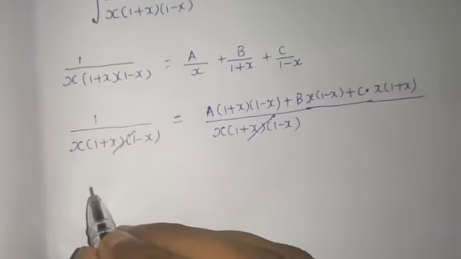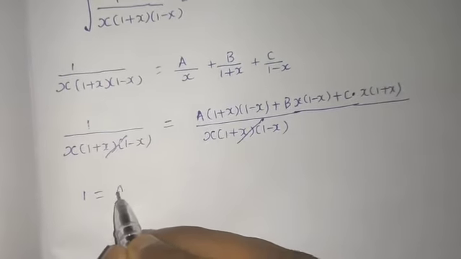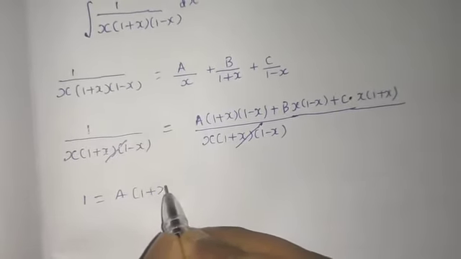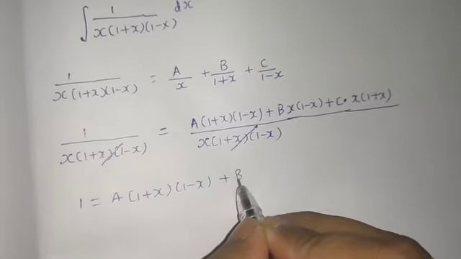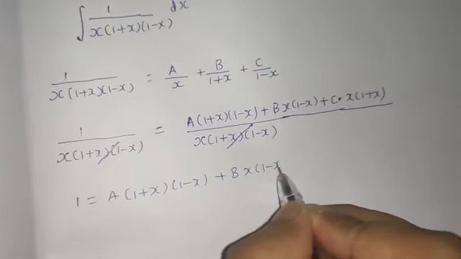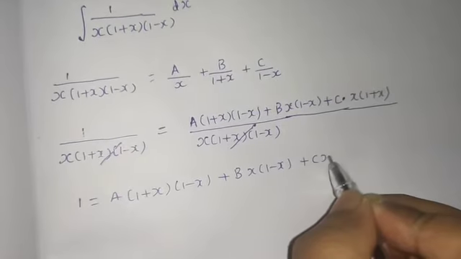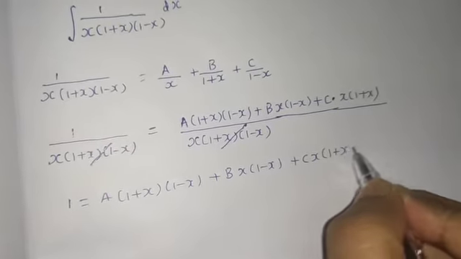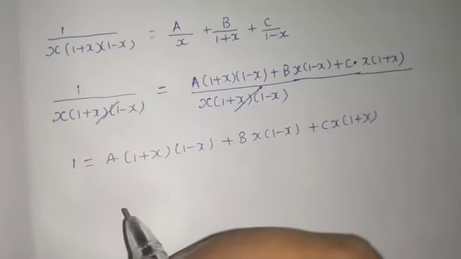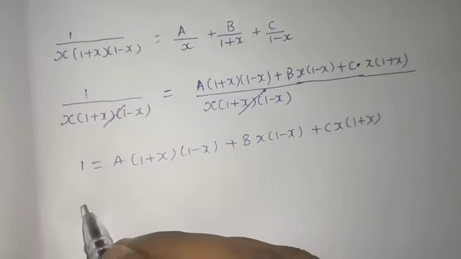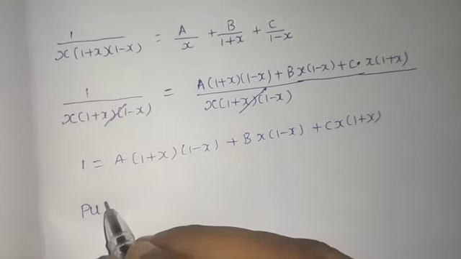Now you are comparing 1 with A times 1 plus x, 1 minus x, B times x, 1 minus x, C times x, 1 plus x. Now one by one we'll try to make the terms 0.